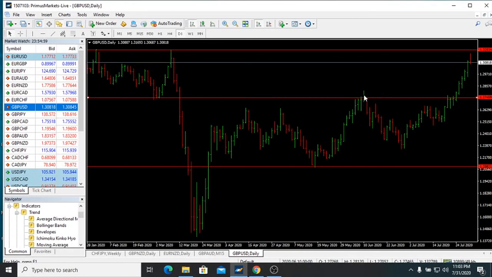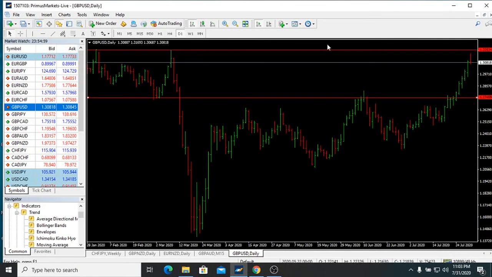So you were just watching. It came, could not reach here, not to even talk of breaking it, and then it reversed back upwards, and then finally broke this one. So since it broke this one, let me close it.